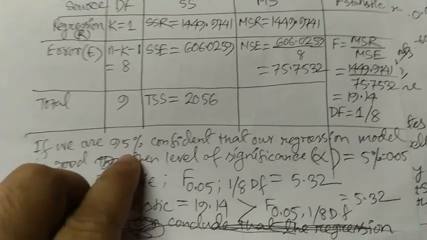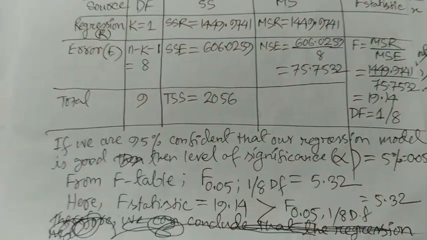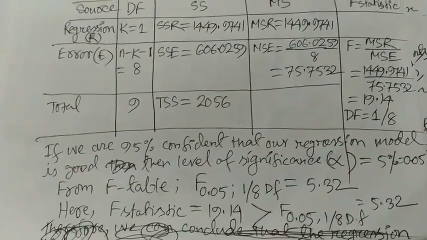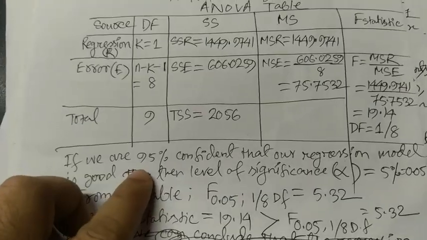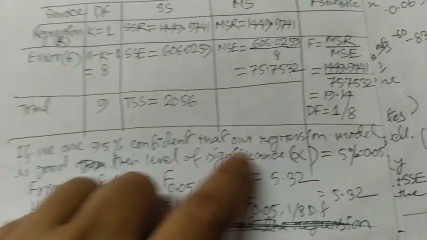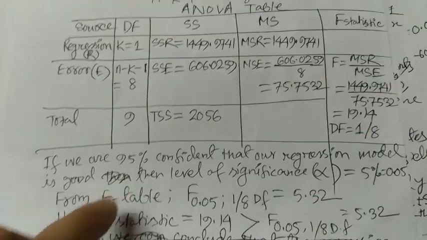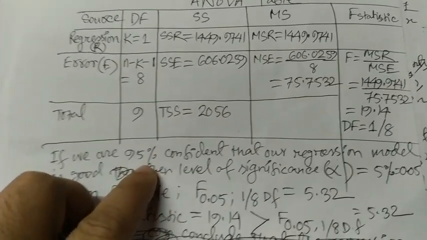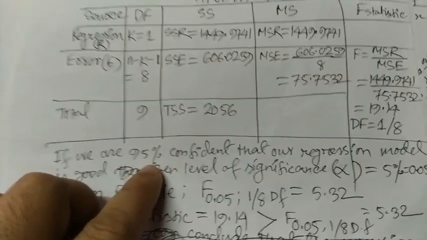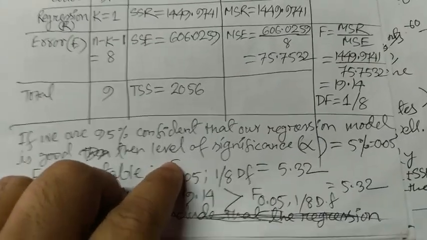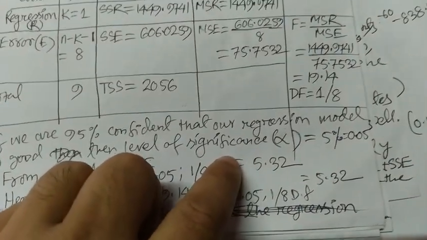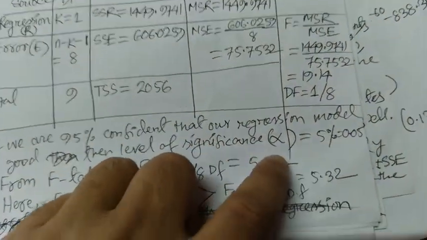If we are 95% confident, that means we are not confident only 5%. That means we are only allowing 5% error. That means level of significance is 5%, or level of error is 5%.